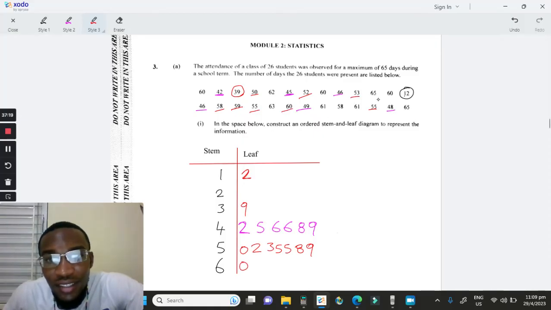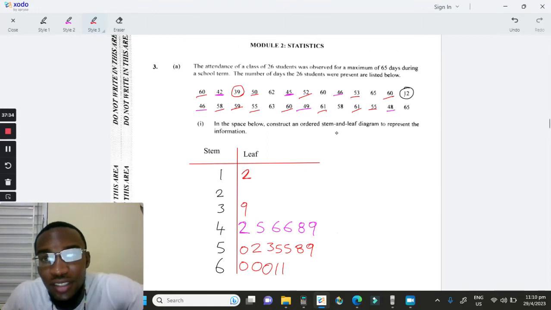Then I see 60 again, and 60 again. Then I see 61, and 61. And notice I missed out this 58. That's what I love about underlining every number we use.